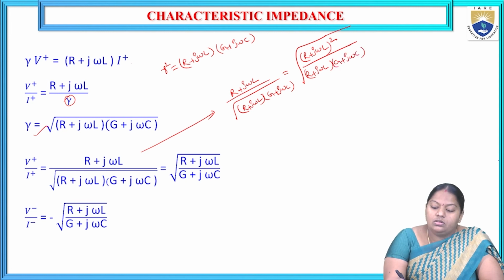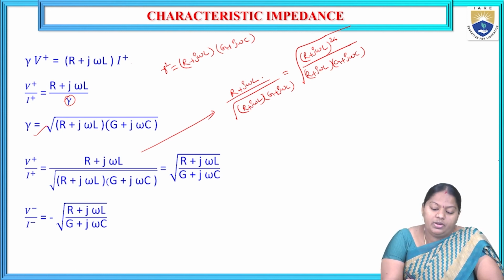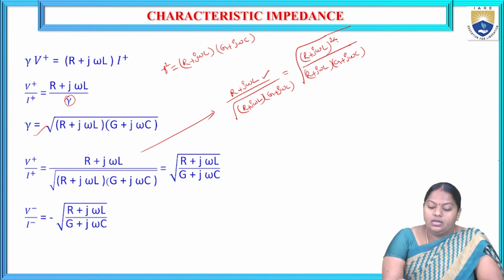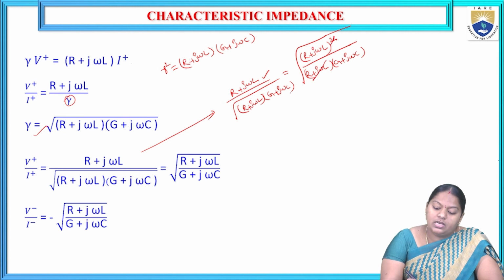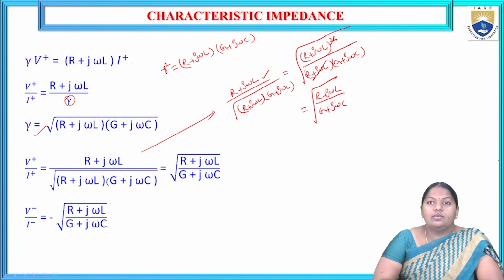Right? So the square and the root get cancelled, the numerator term remains, and (r + jωl) whole square by (r + jωl)(g + jωc) is left out. So this term and this term get cancelled, which is equal to root over (r + jωl) by (g + jωc) as obtained.